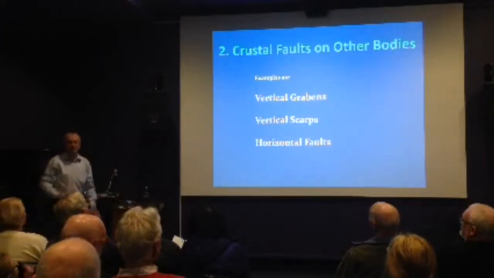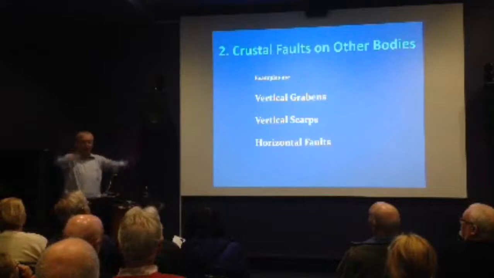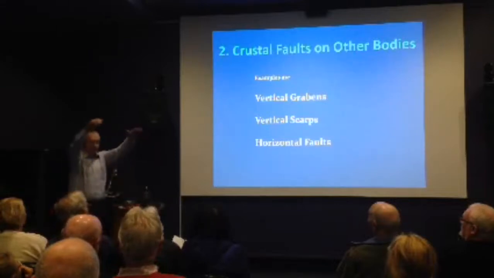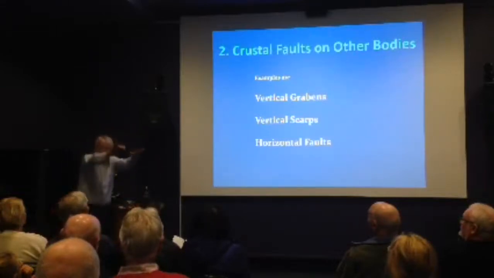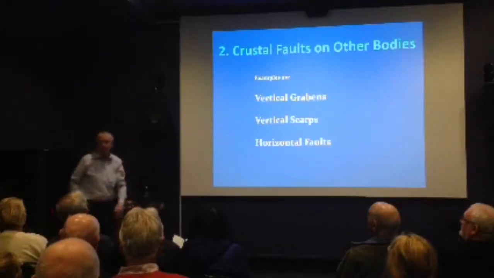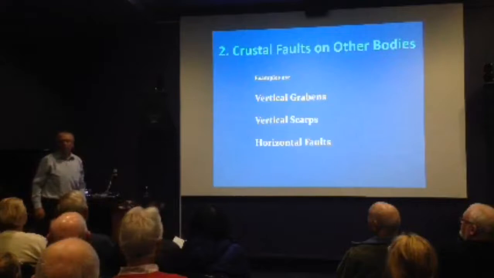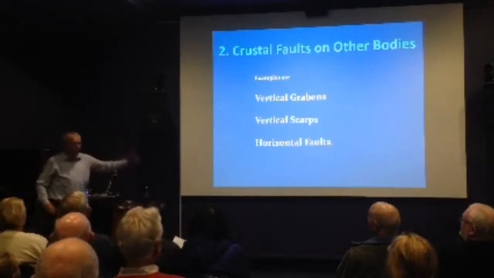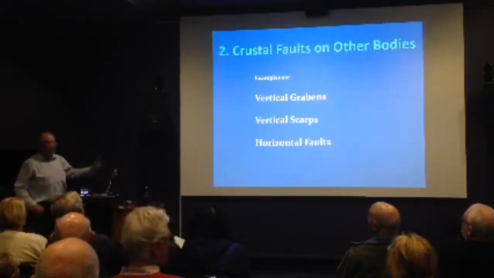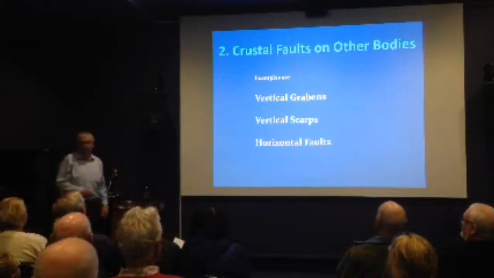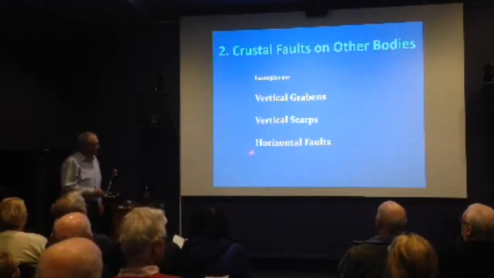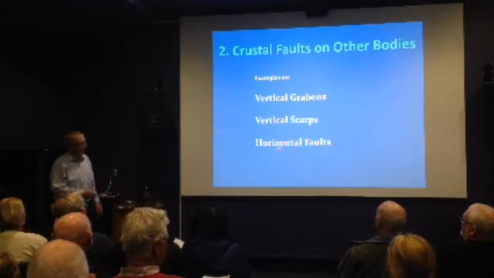It's called a horst. That's where a bit of land goes up. Often you will get a bit of land that goes up, and a little bit of land in the middle that sinks down. So you've got your horsts on either side and your graben down in the middle. Funny words, I know, but I thought, damn it, I'll put them in. It's an opportunity for us to get familiar with some of the terminology that you'll read when you pick up a book. And of course, horizontal faults.